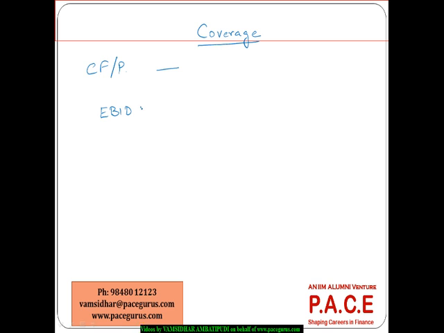One is EBITDA by interest expense, and an even more conservative version of it, EBIT by the interest expense. So obviously, because EBITDA will be greater than EBIT, because it even includes depreciation and amortization in it, this ratio is more aggressive, and this is more conservative.